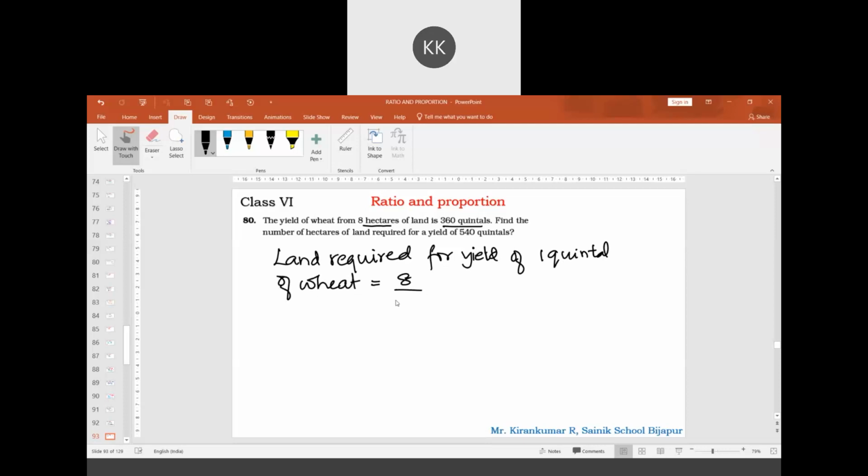This will be 8 divided by 360 hectares. This can be simplified: 1 by 45 hectares.